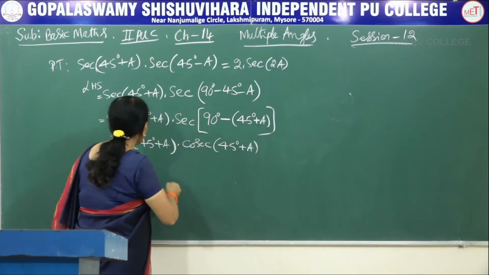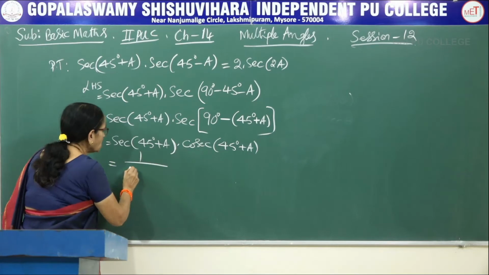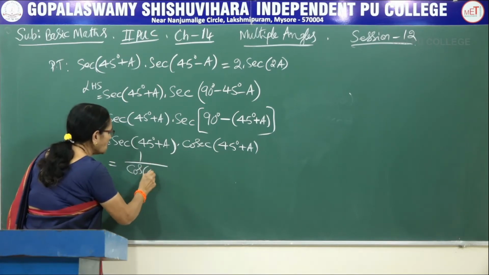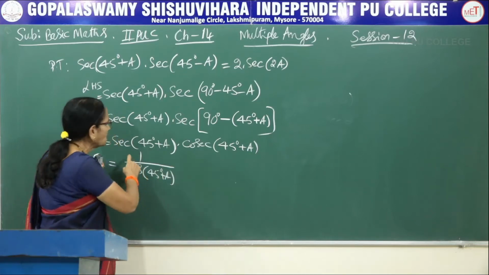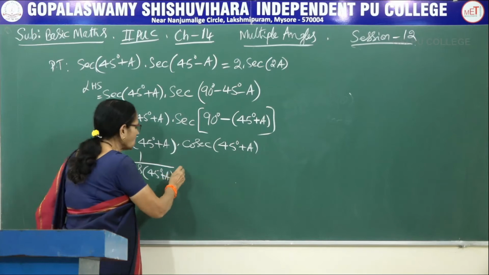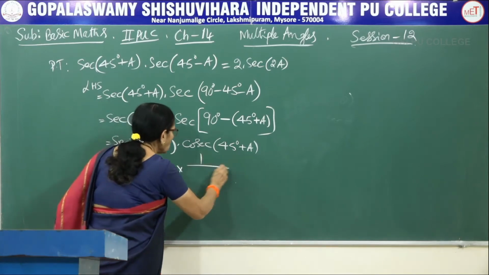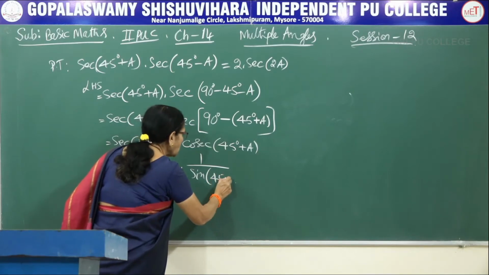Now, the secant and cosecant, both of them are reciprocals of cos and sin functions. So let me take them to the denominator. Secant 45 plus a can be written 1 by cos of 45 plus a into 1 by sin of 45 plus a.